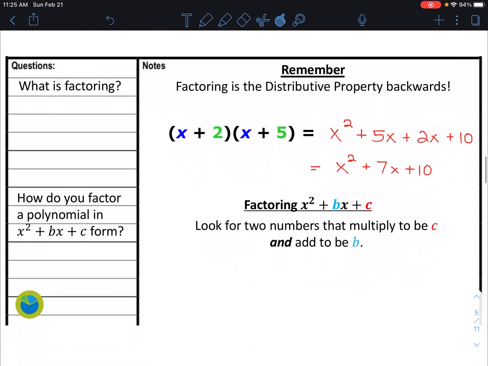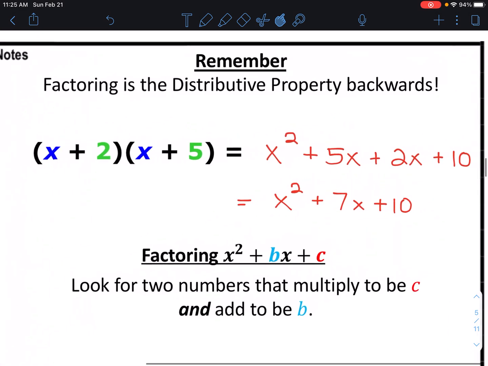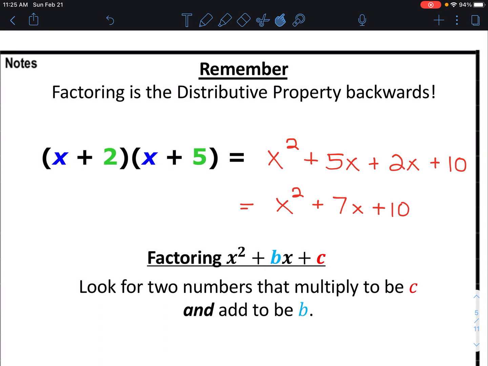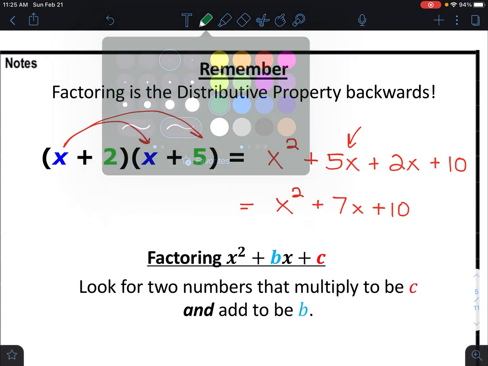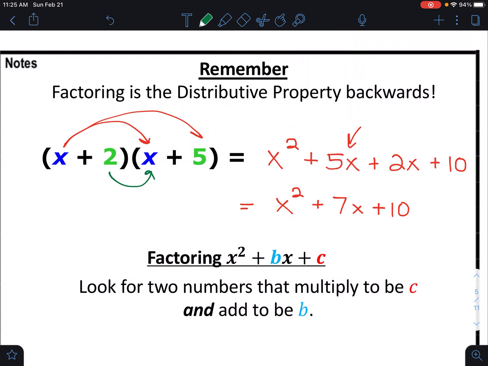Let's talk about factoring again. What is factoring? If you remember, factoring is actually using the distributive property backwards. So first of all, distributive property: if I distribute this, x times that x, I get x squared. Then x times this, I get that, okay? And then I'm going to do this times this, 2 times both of those, you get that, and then 2 times that, and you get this.